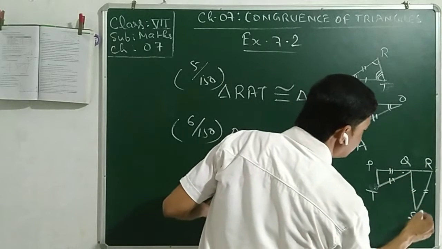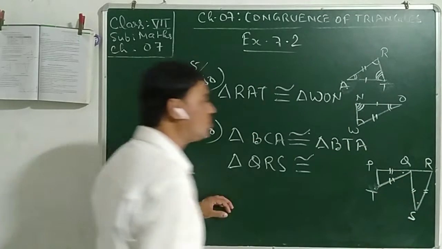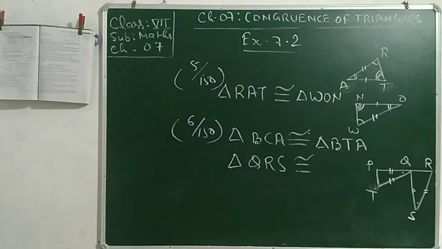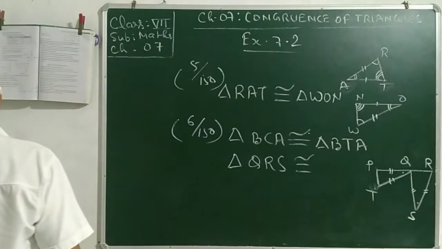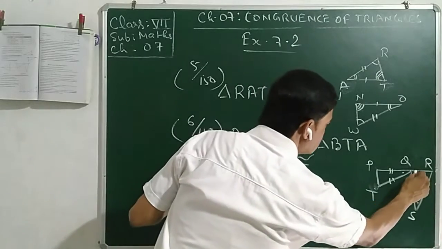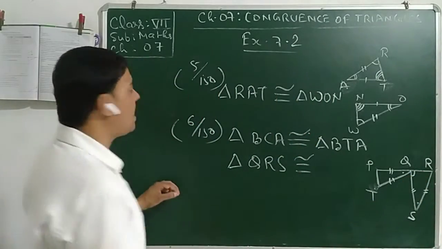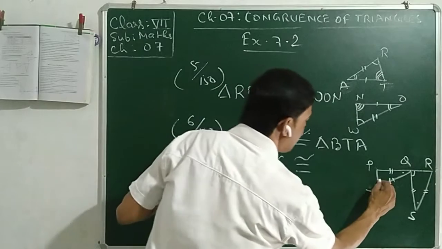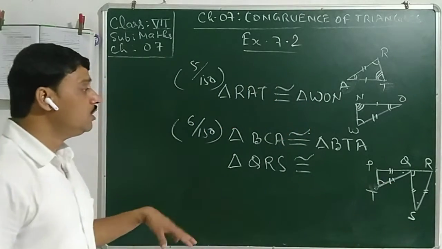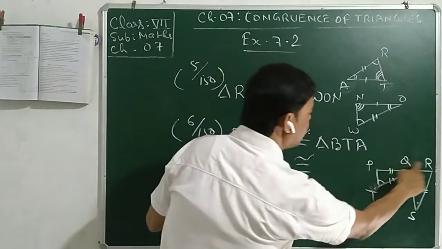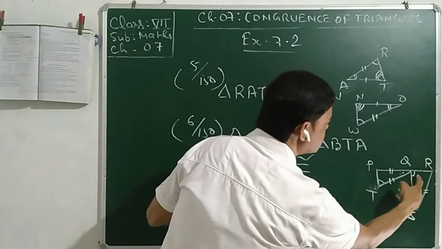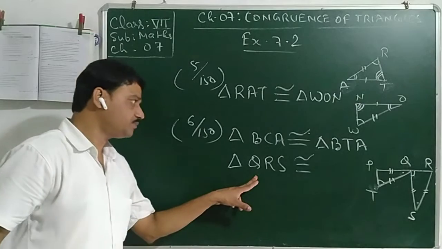Angle Q is marked with a dot. Angle S is also marked with a dot. And angle Q in this triangle has one arc, and angle T in this triangle has one arc. So look at the QRS. No, in QRS, Q is having one arc.